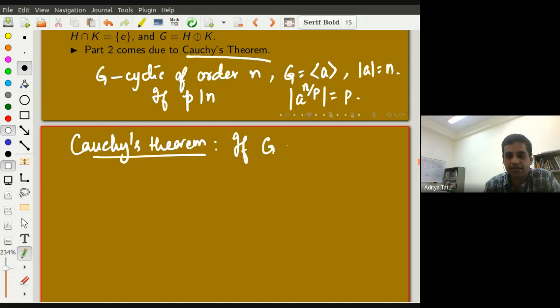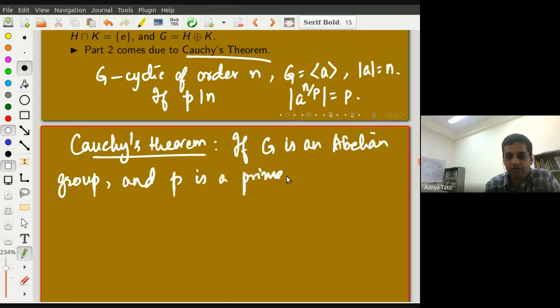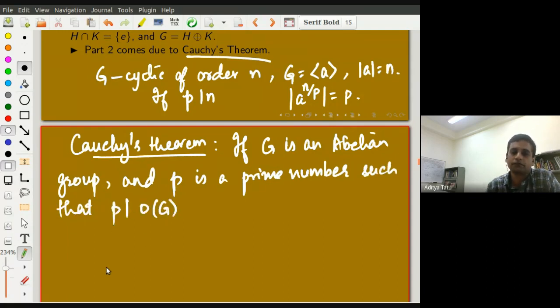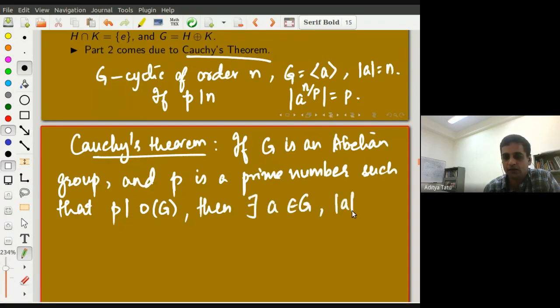If G is an abelian group, and p is a prime number, not any number, a prime number, which also divides the order of the group, then the theorem guarantees that there exists an element A in G with order of A equals p.